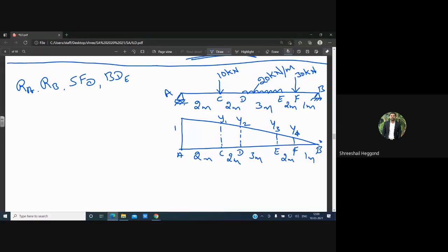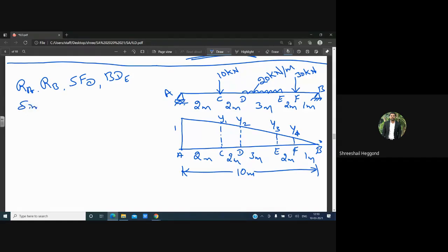Total span is how much? 6 plus 4 is 10. Total span of AB is 10 meter. You need to calculate the coordinates, that is y1, y2, y3, and y4. To calculate y1, I can use the similar triangle property.